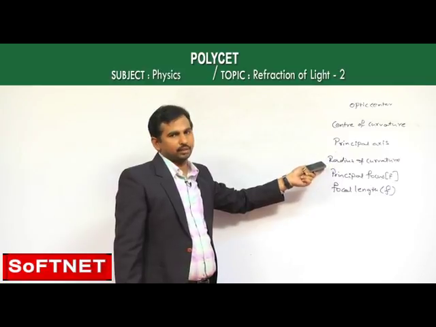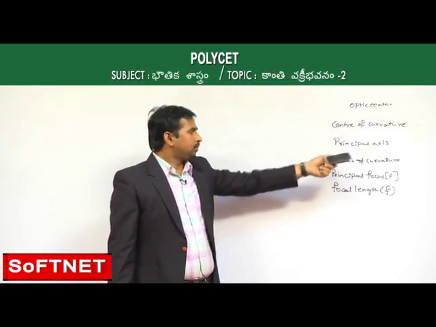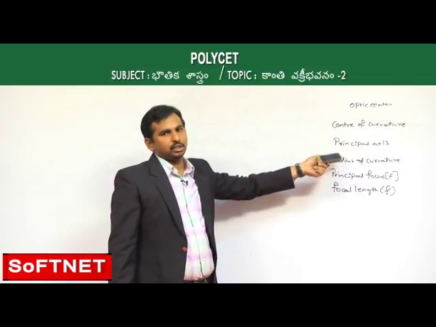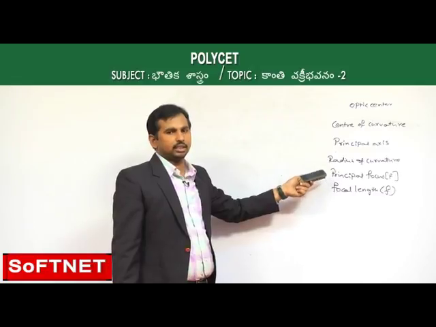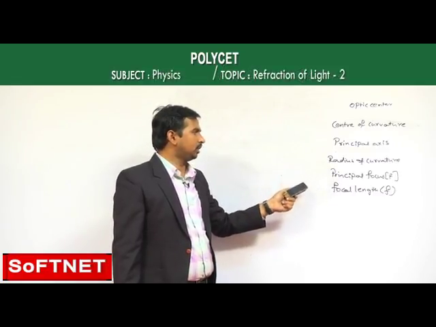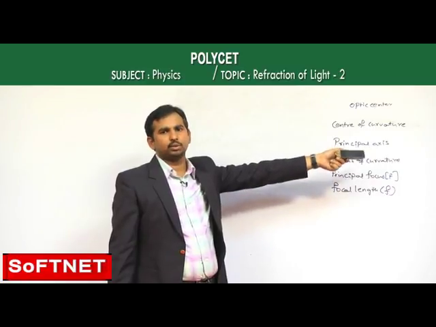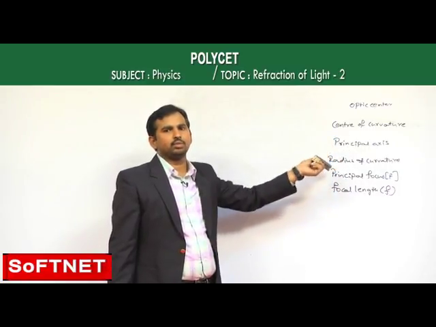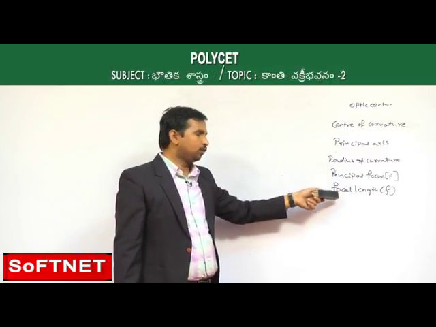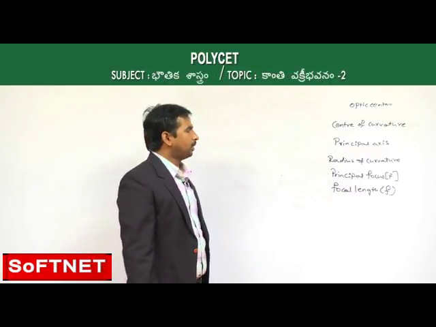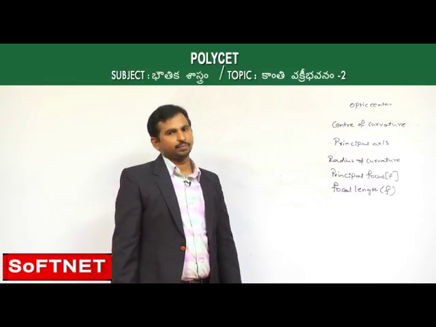Radius of curvature is the distance between the center of curvature and optic center. Principal focus is the point to which light rays converge, or appear to converge, and focal length is the distance from optic center to the principal focus.